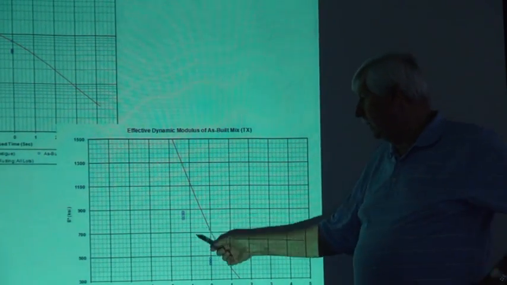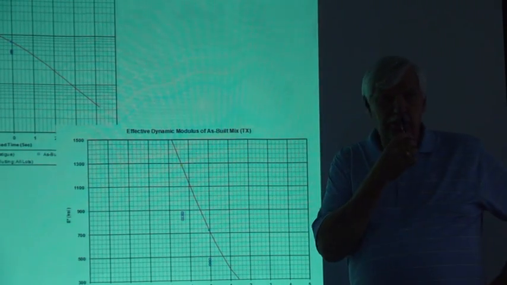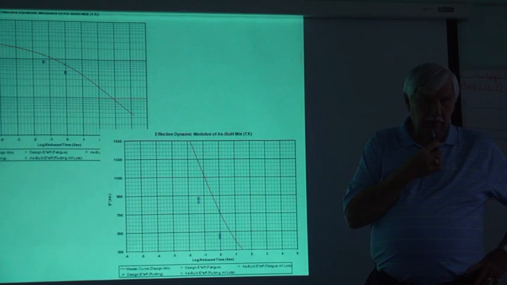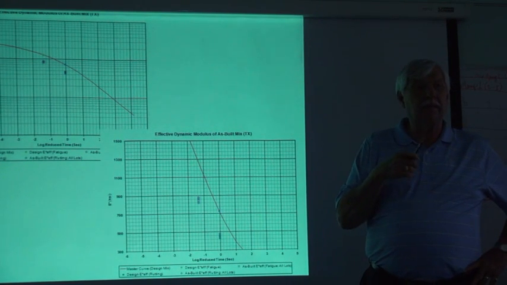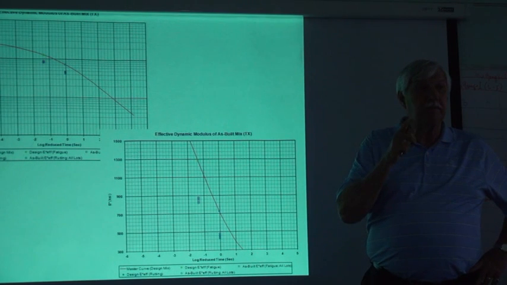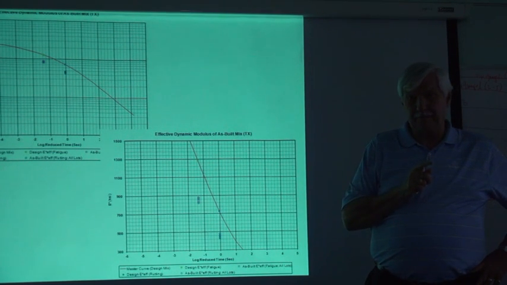So immediately looking at this diagram, what do I conclude about the Texas data? Did the contractor give me something that was better or poorer than the other? You have two guesses. 50% probability of saying you're right.